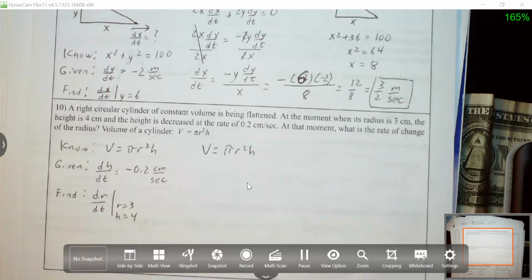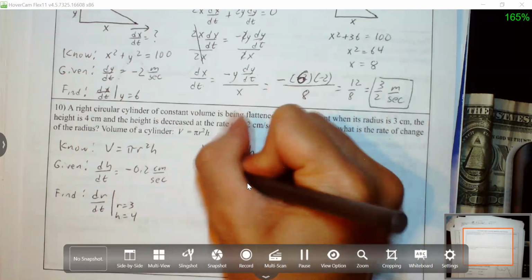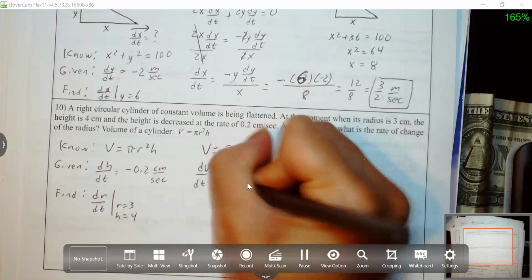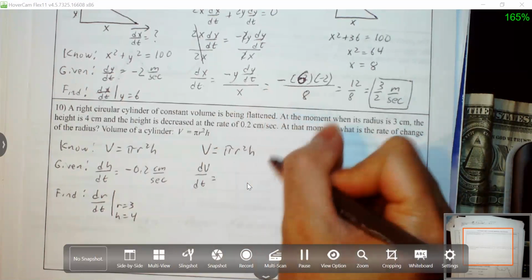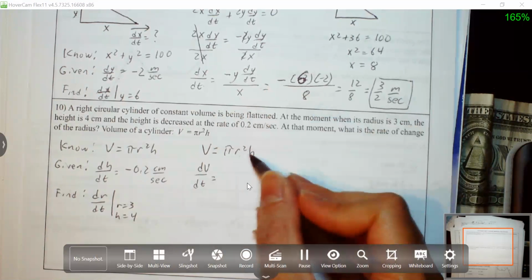If we do implicit differentiation, we get dV/dt is equal to, now we have to do product rule here because we have two separate variables.